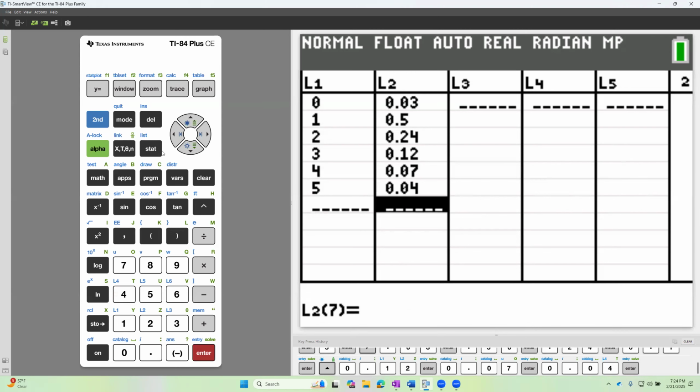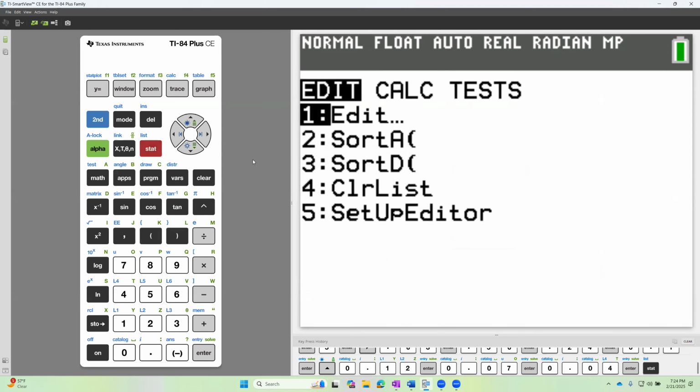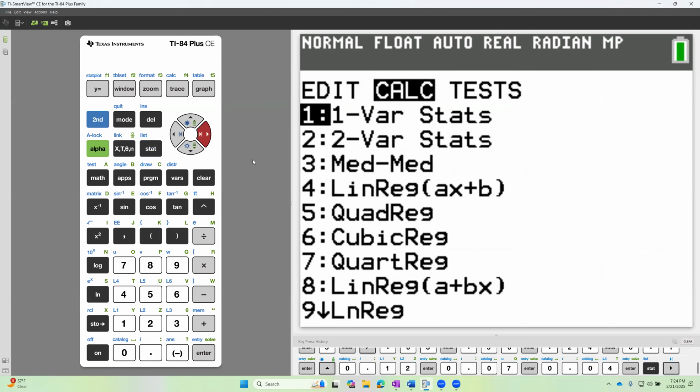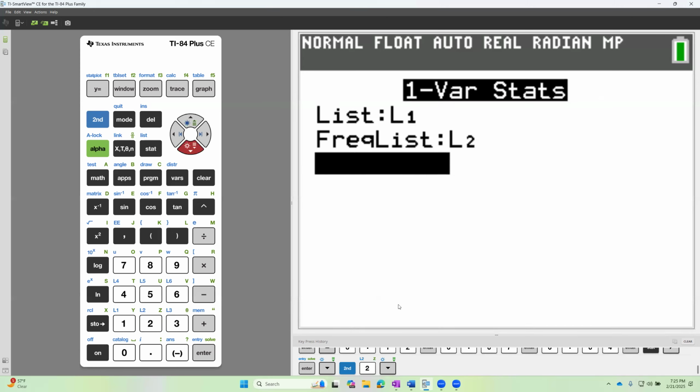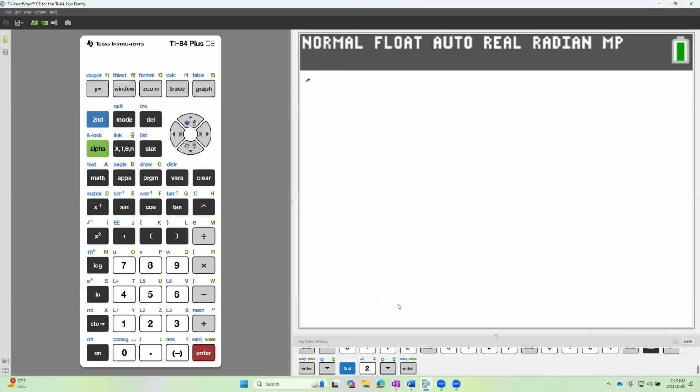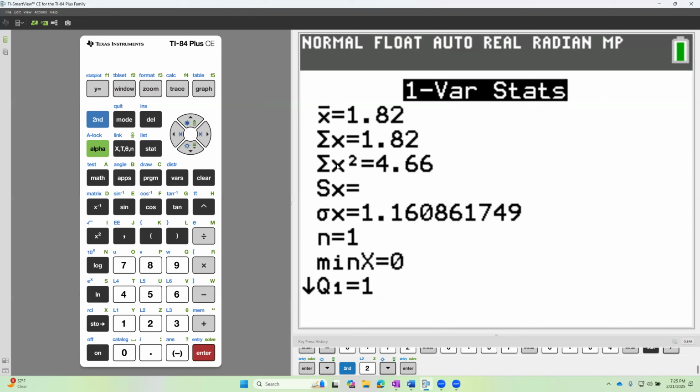Now we got to go to stat, go to calc, and do our one-variable stats. We have list one. We need our frequency list, so we need to add in list two. Let's go ahead and calculate. And here's what we get. This x bar, that's our expected mean. So our expected mean is 1.82.